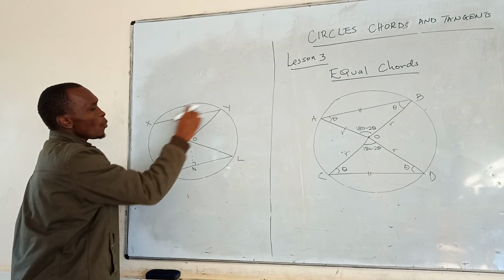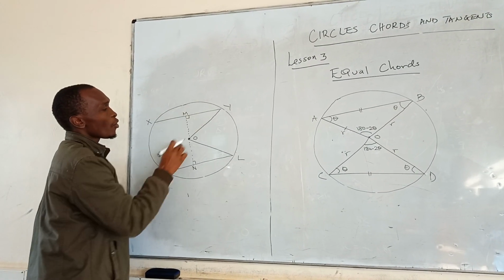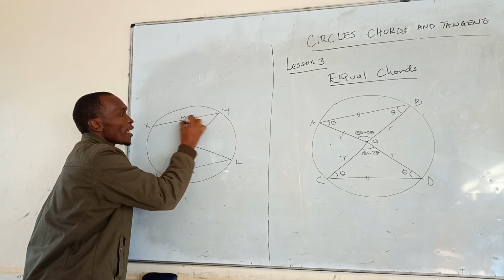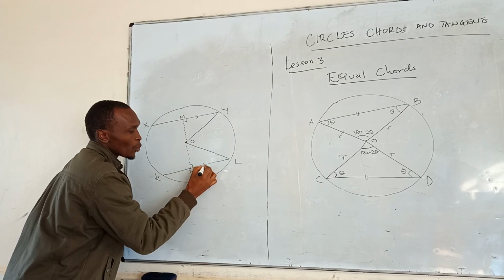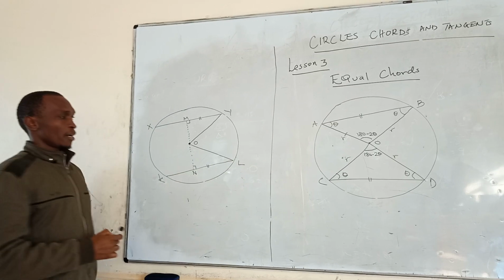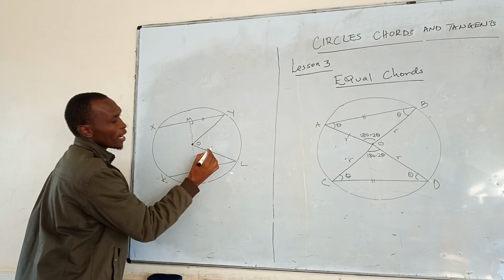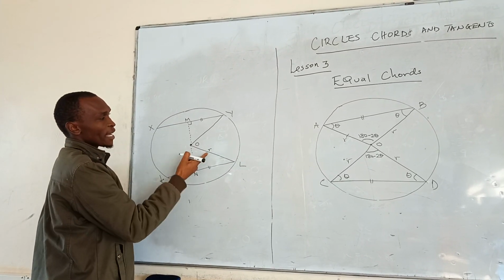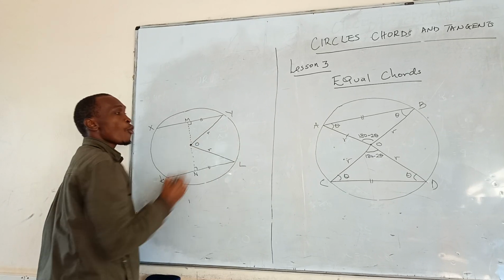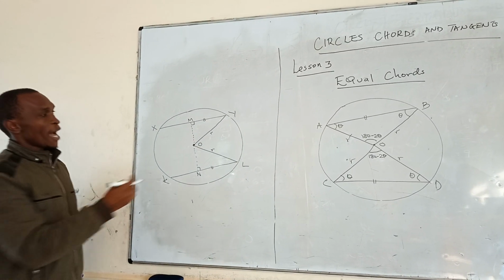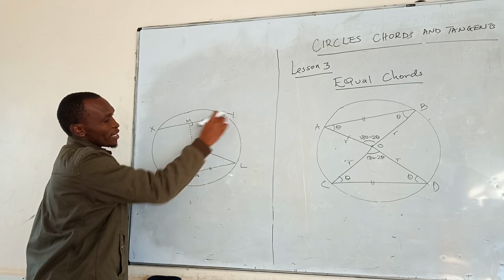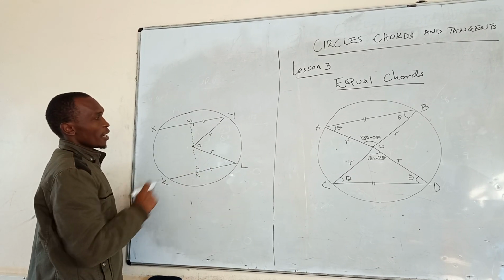So in triangle MYO, MY equals NL. At the same time, OL is a radius. It is also equal to OY. Now, OY is corresponding with OL.